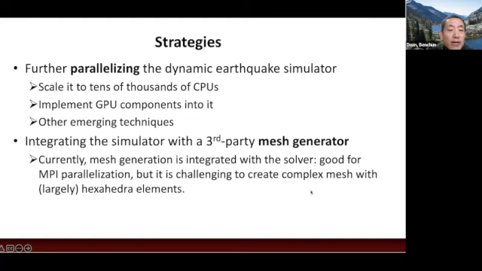And as a strategy, we need to further parallelize, mainly scaling our simulator to tens of thousands of CPUs, and implement GPU and other emerging techniques in HPC. Also, our mesh generation is currently integrated in our solver. This is good for parallelization, but it's challenging to create a really complex mesh with mainly hexahedral elements. So we are working on this.